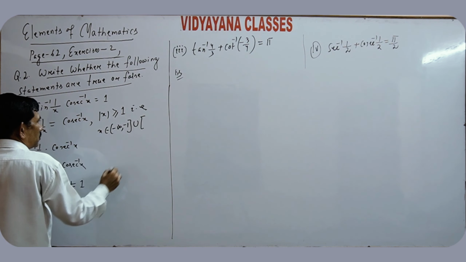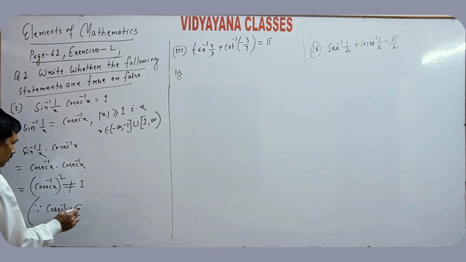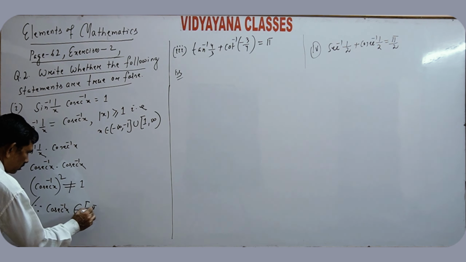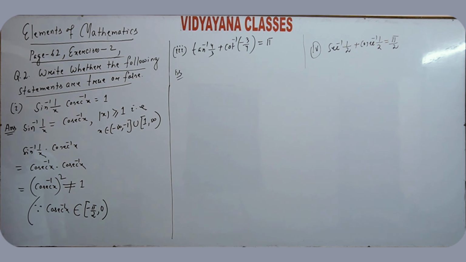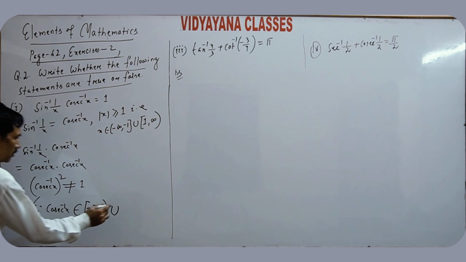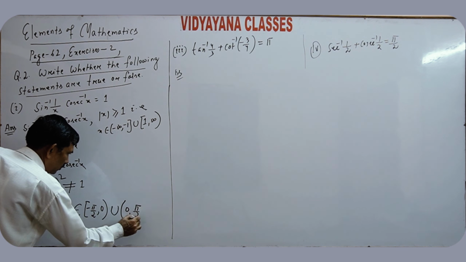This is same as the principal value of cosec inverse x, close bracket minus pi by 2, 0 open bracket union open bracket 0, pi by 2 close bracket.